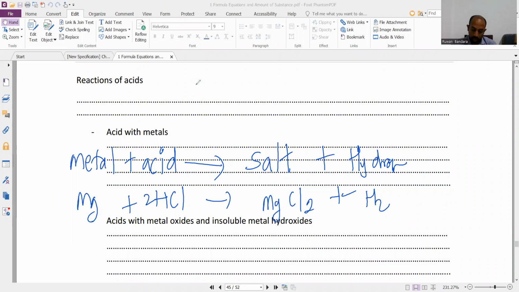Therefore, these reactions can be used to prepare samples of salts.